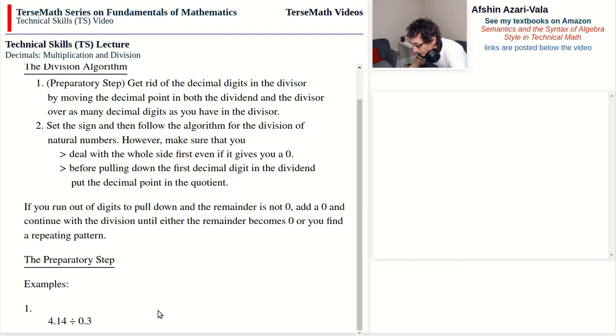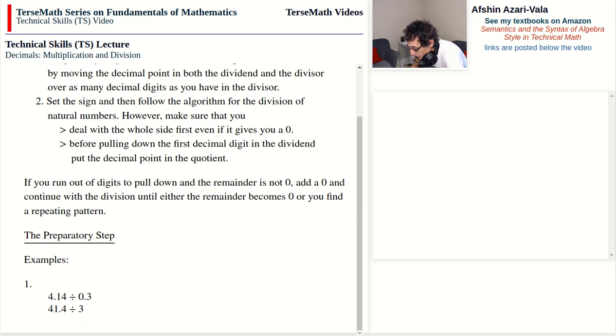Basically, if you move the decimal point over the same number of digits, like 1 digit or 2 digits or 3 digits, in both the dividend and the divisor, then you're multiplying both of them by 10, or by 100 or 1000, and so the result of the division will not change.